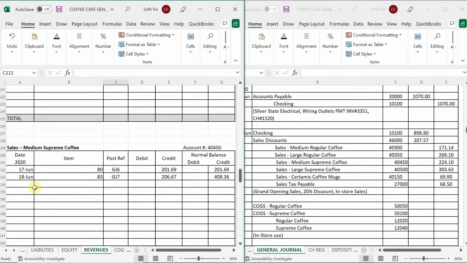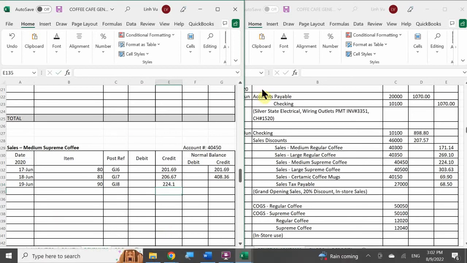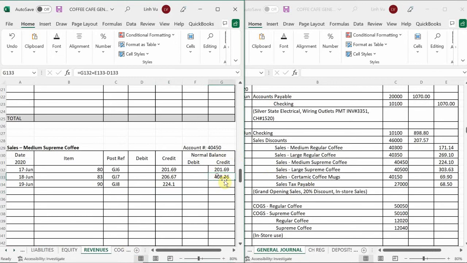And then the Supreme medium cup, we had 90. It's page 8. And then it's a credit of 224.10. And the total is now 437. Nope, I have it wrong. The total is $632.46. Yep.